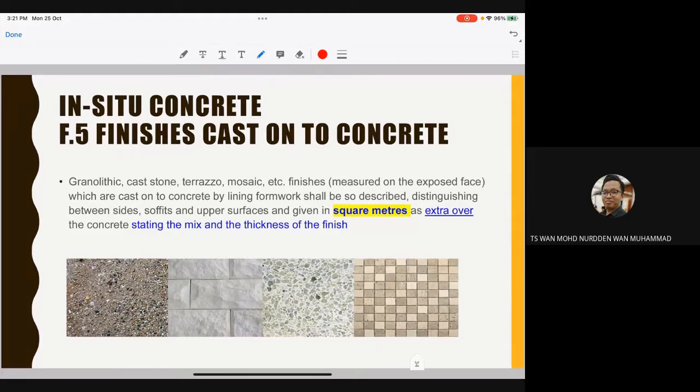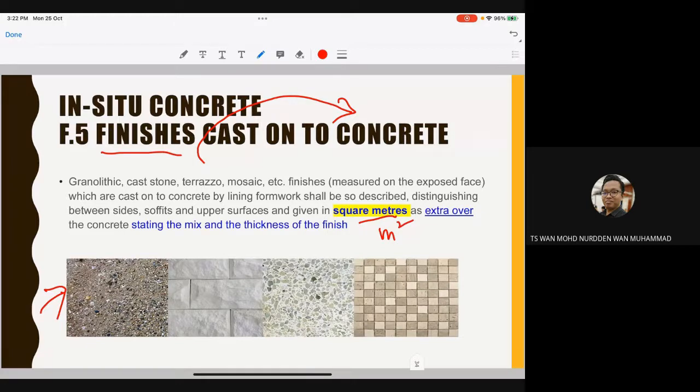Okay, we want to do finishes, but these finishes are placed on top of concrete. For example, like this. Right? Okay, granolithic, cast stone, terrazzo, mosaic, etc. Finishes measured on the exposed face, meaning we measure from the top, which are cast onto concrete by lining formwork shall be so described, distinguishing between side, soffit and upper surface and given in square meter. This is in square meter.